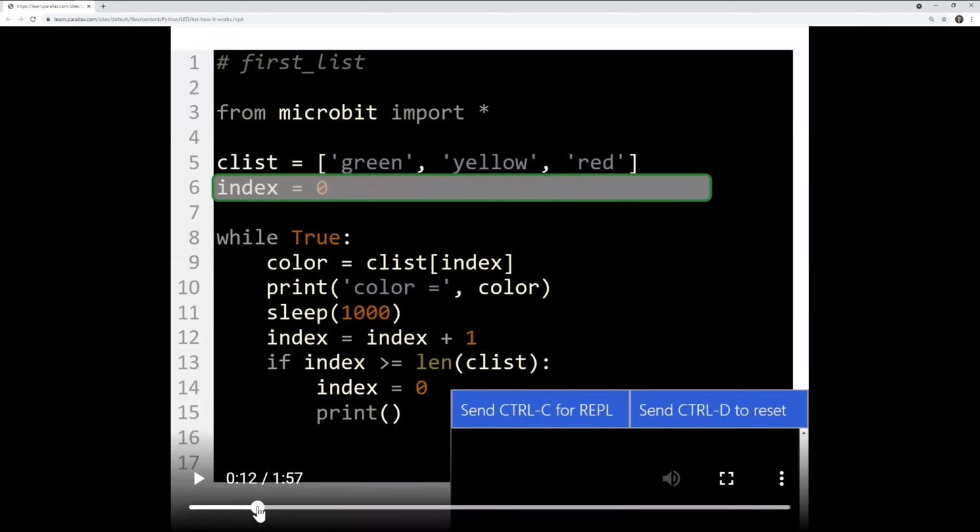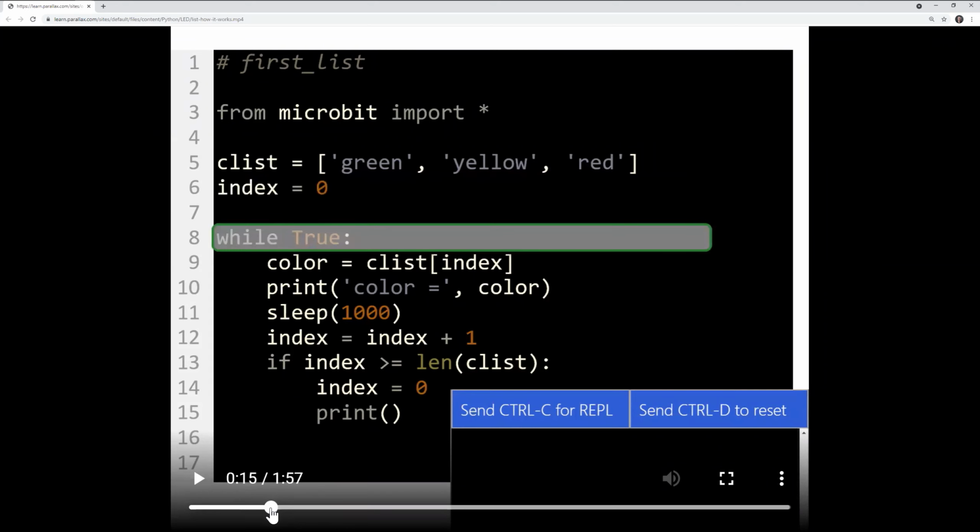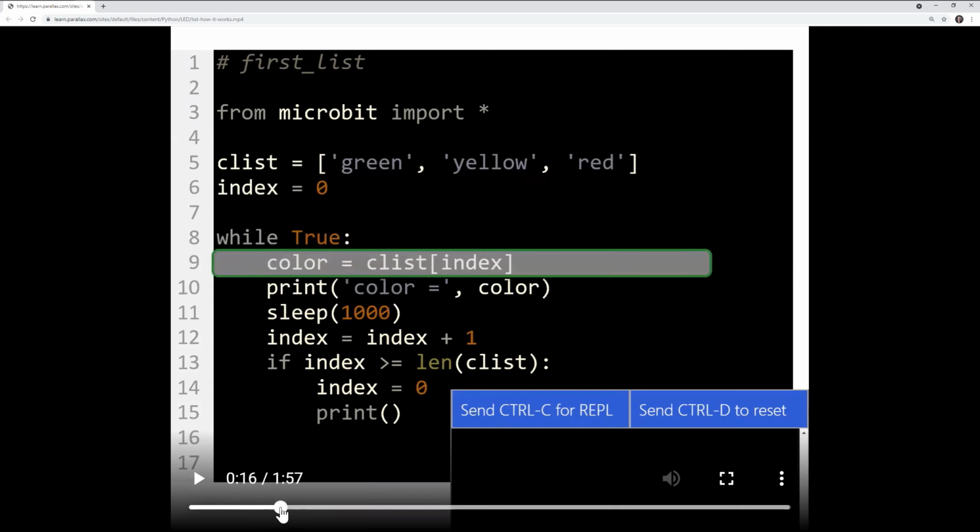Then we set the index value, a new variable, to 0. In Python, you can create variables on the fly, so I didn't need to declare it anywhere. While true just means that everything below and indented will be repeated indefinitely. Now, this color of CList, well, we know from line 6 that index is 0, so it's really CList of 0.